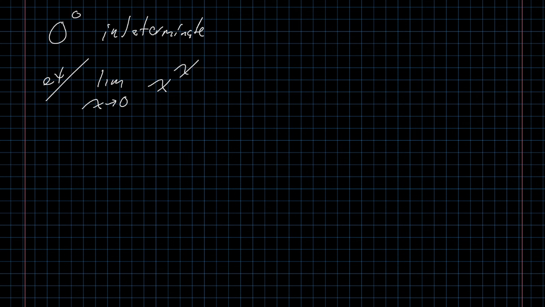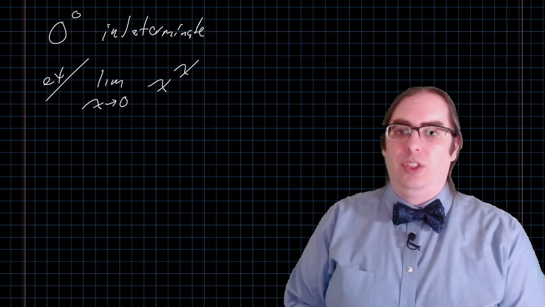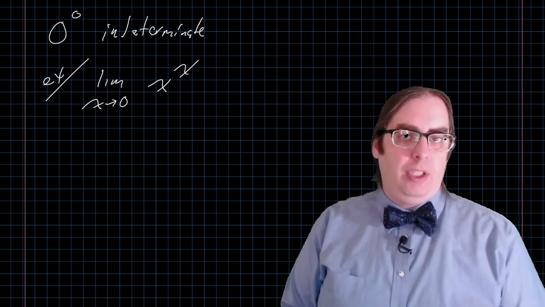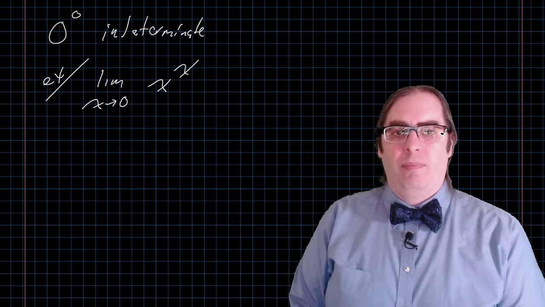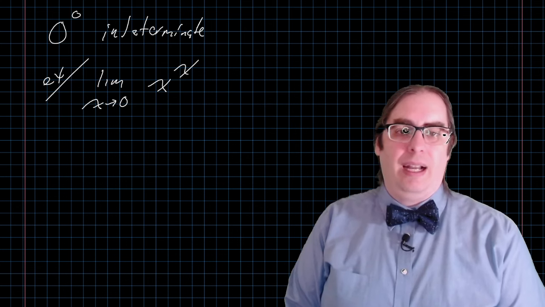In the simplest way I can manage to find for you to explore that, take the limit as x approaches 0 of x raised to the x power. Based on what I just showed you for the infinity to the 0 indeterminate form, see what you can do with this. All right, and I'll see you in the next video.